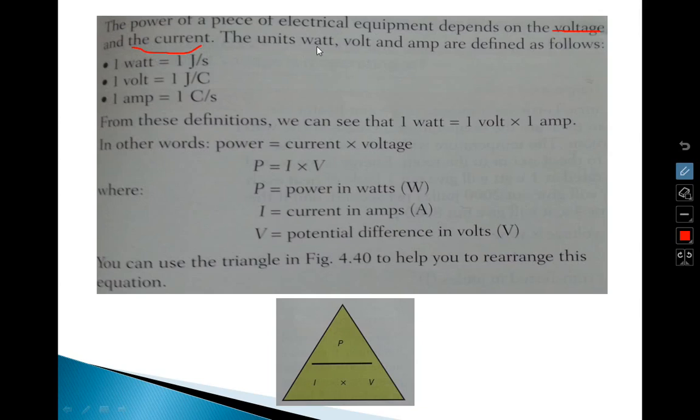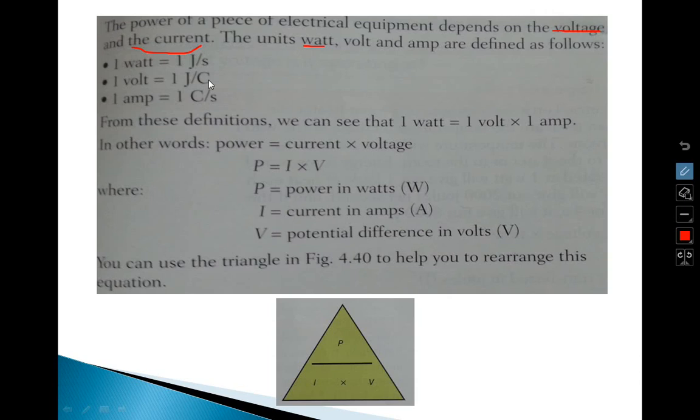The unit of power is the watt. 1 watt is equal to 1 joule per second. 1 volt is equal to 1 joule per coulomb. 1 ampere is equal to 1 coulomb per second.